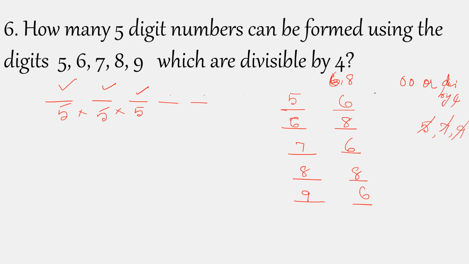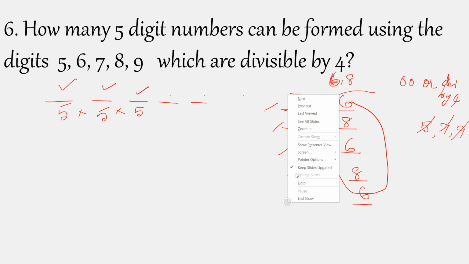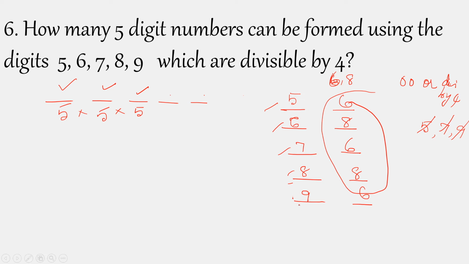So this last digit depends on the 4th digit. There is no condition for the 4th digit. So the 4th digit can be filled using all the 5 digits. But what about the unit digit?